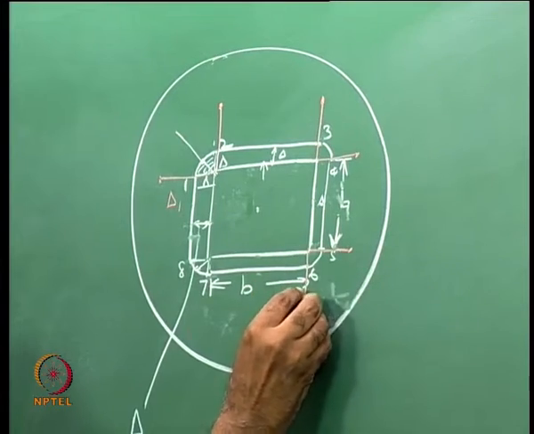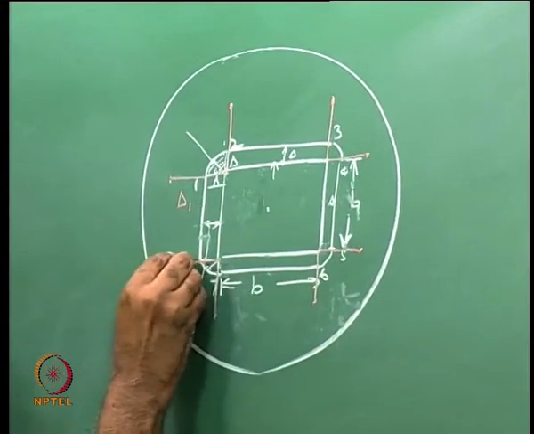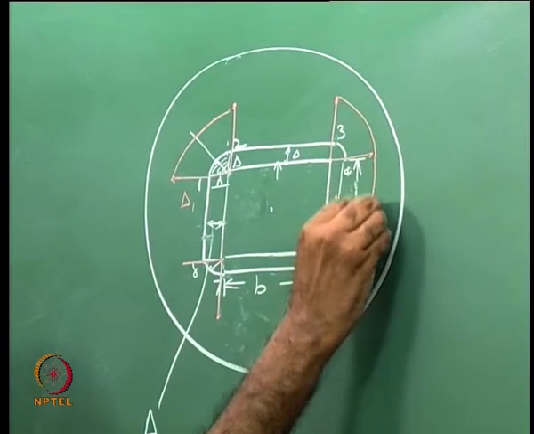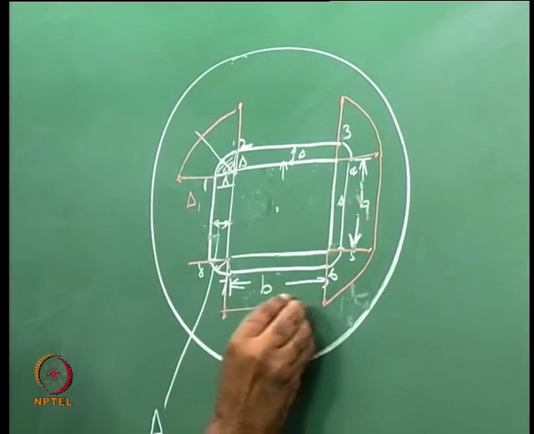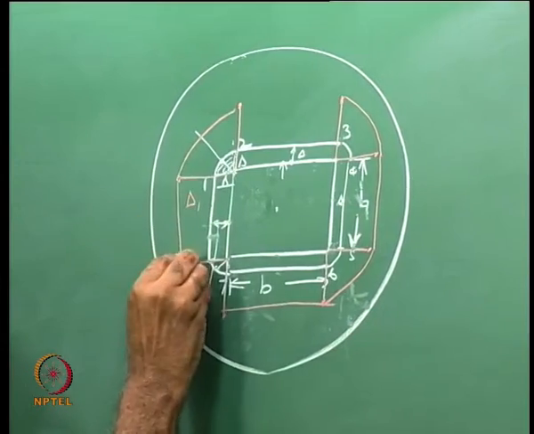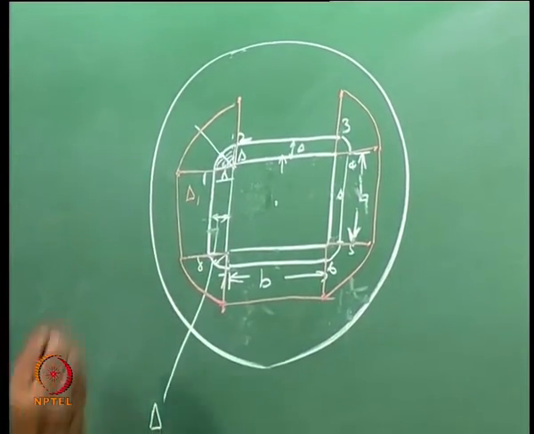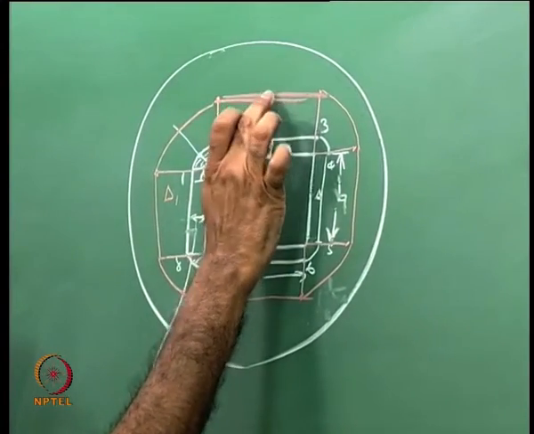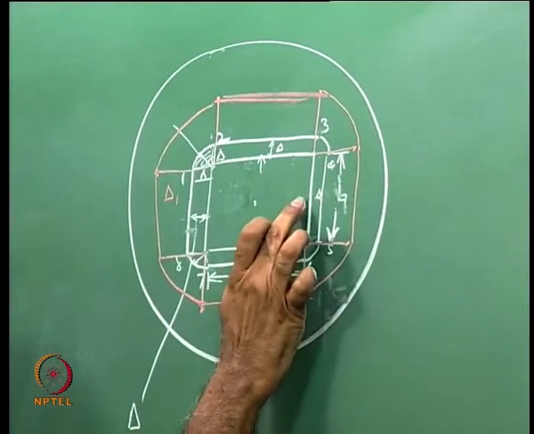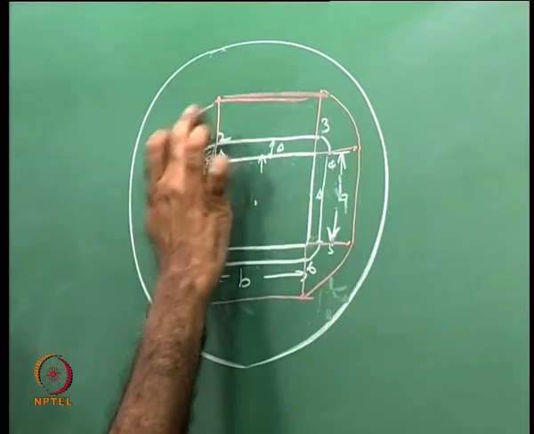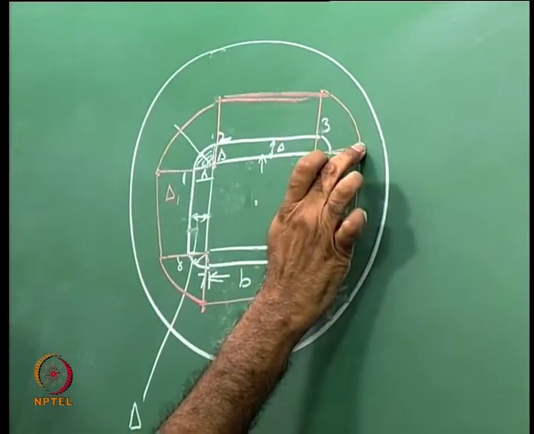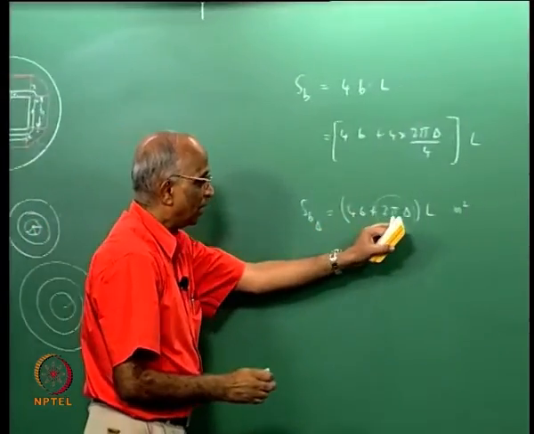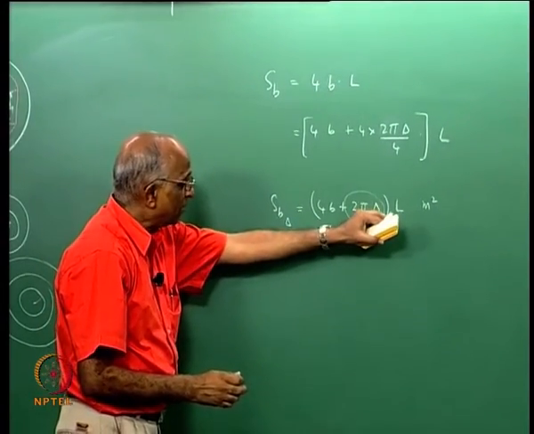That means I have another arc of a circle, straight line, arc of a circle, straight line over here, arc of a circle, and therefore my burning surface area in this case is 1, 2, 3, 4, which is same as B, plus this arc plus this arc, corresponding to my new value of delta, and I find delta keeps increasing.